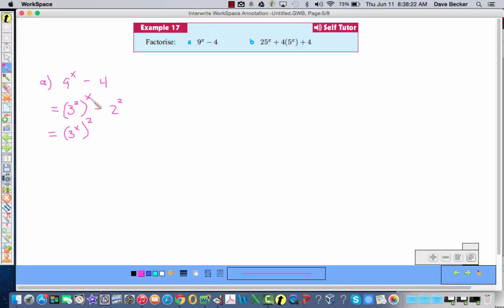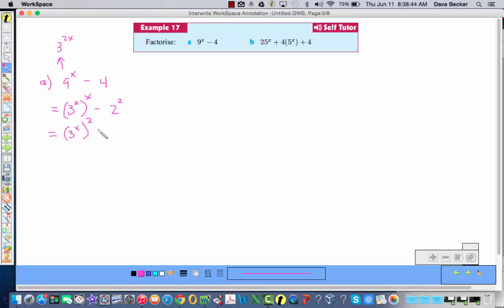3 squared to the x is 3 to the 2x, which I could have written 9 as 3. Well, yeah, I mean that it's equal to 3 to the 2x, isn't it? And then 3 to the x squared, x times 2 is 2x.